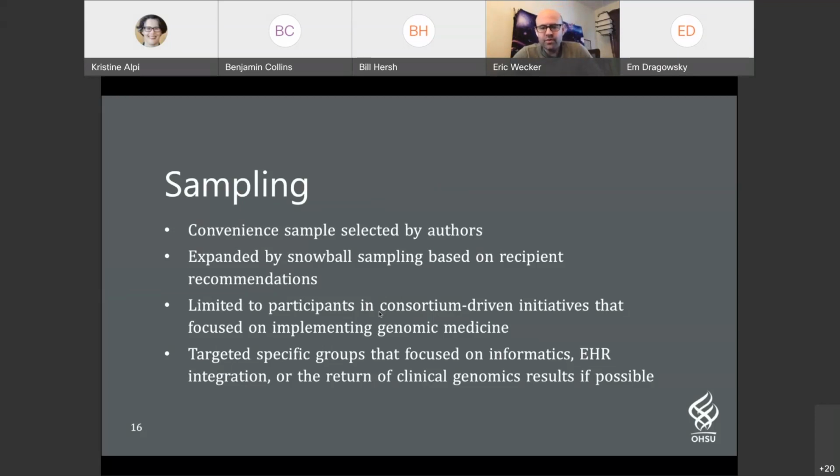And then within those consortiums, they targeted any groups that focused on informatics, EHR integration, or the return of clinical genomics results, if possible, as those folks were believed to have relevant insight on this question in particular.